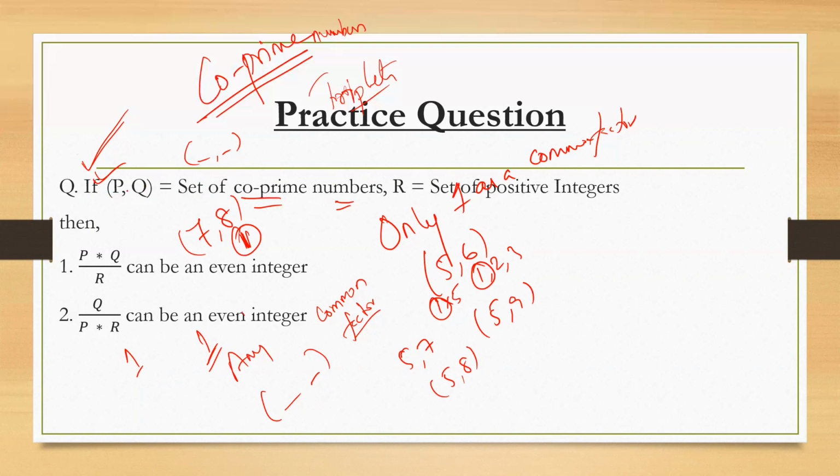So it is said P and Q are a set of co-prime numbers, and R is a set of positive integers. Then two statements are given: P into Q by R can be an even integer, and Q by P into R can be an even integer. So try solving this one.